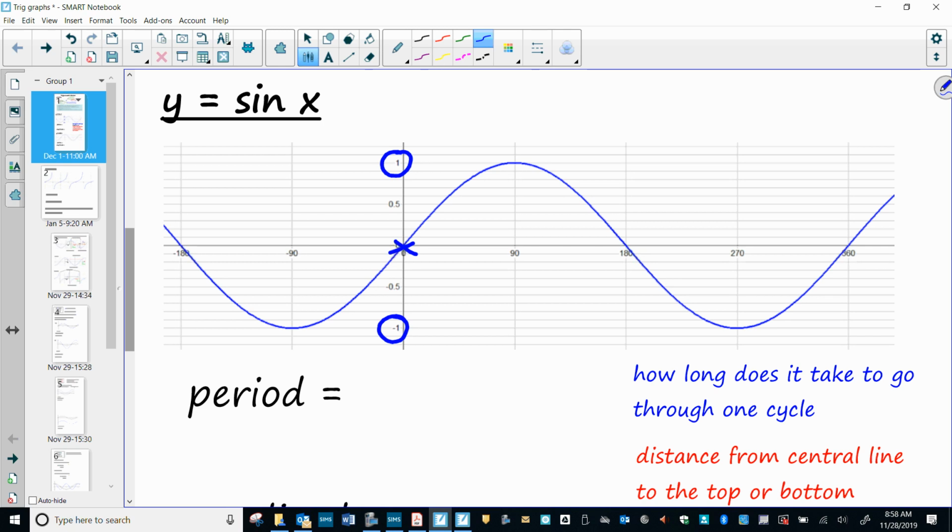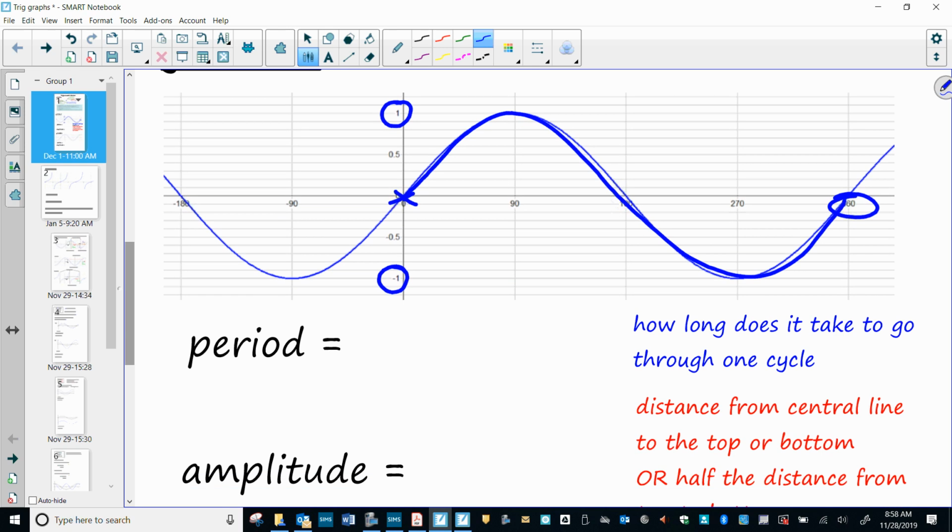Sine 360 would be back to 0. So our cycle, our period for this graph here would be 360 degrees. So for the sine graph, the period is 360 degrees. That's how long it takes to do one cycle.